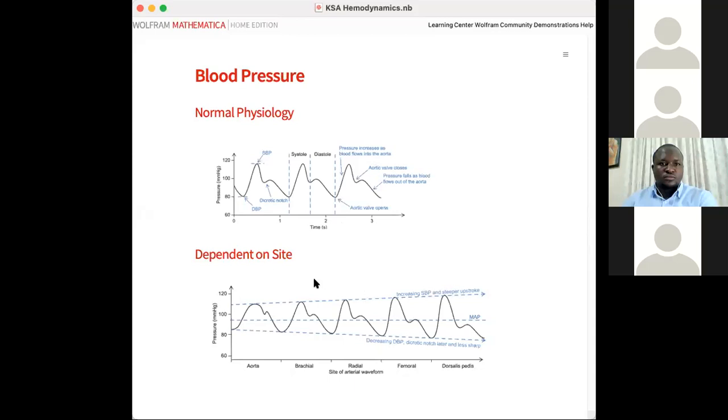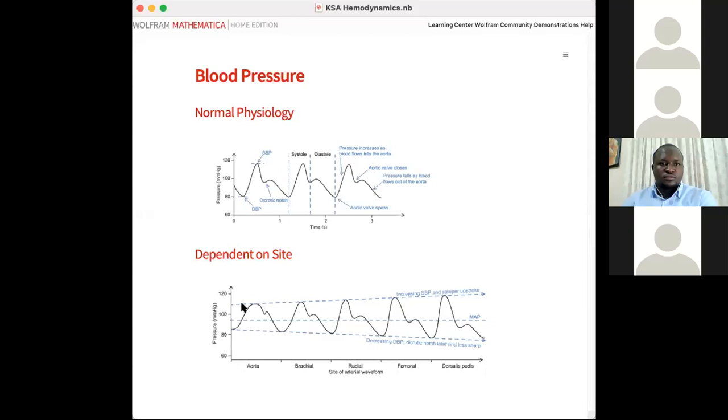All right. But now these blood pressure waves are dependent on the site where you put them. In the aorta, being an elastic artery, you find curves that are not really pointed. But as you move towards the dorsalis pedis, the curves are really accentuated.